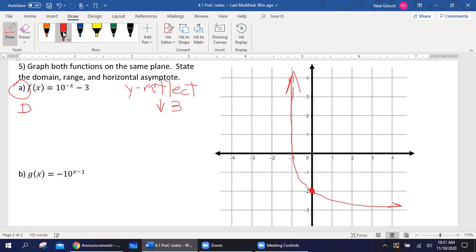So domain, just like it's always been, -infinity to infinity. The range here, the lowest it reaches is -3. Parentheses on it because it's actually an asymptote. To infinity, which gives me a horizontal asymptote of y equals -3.